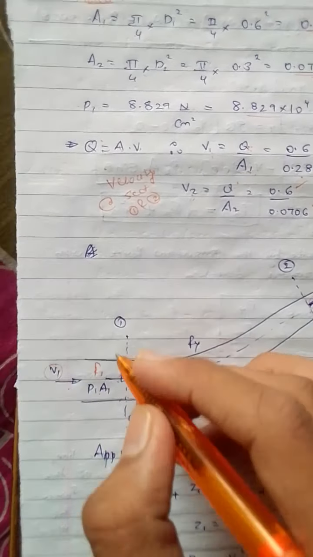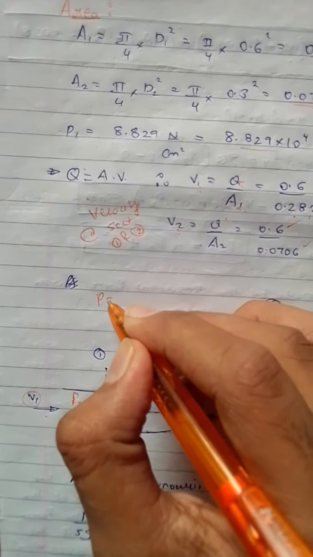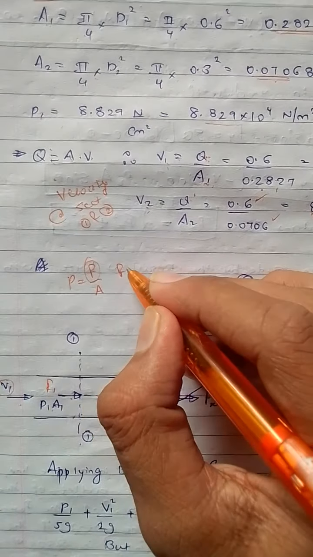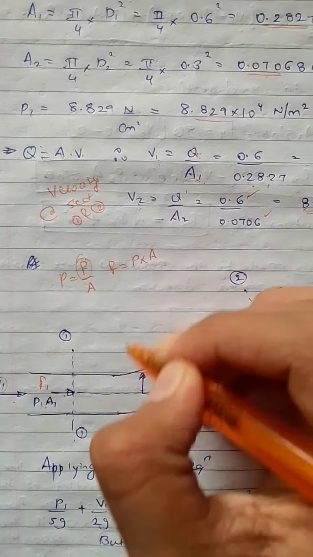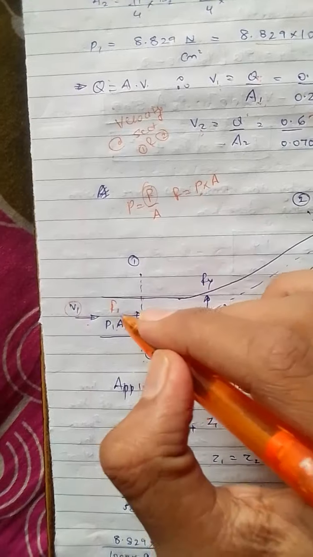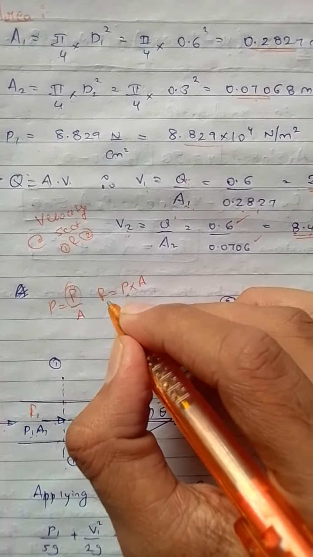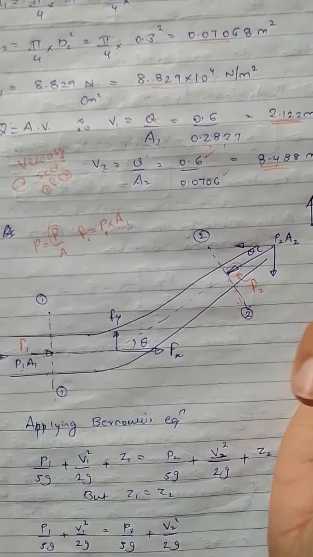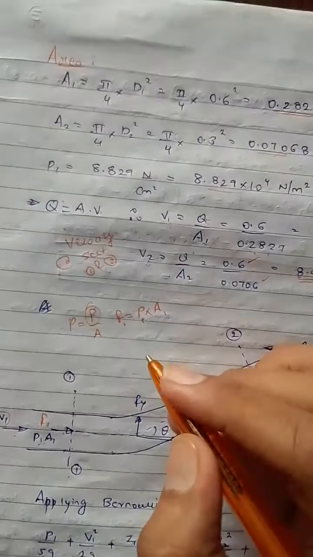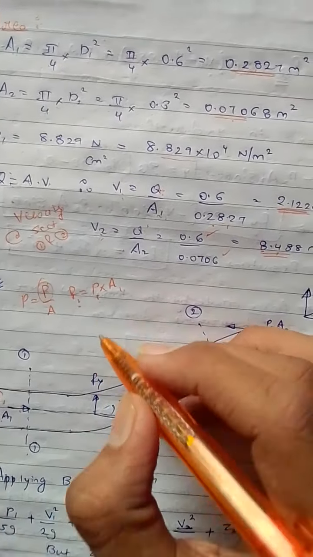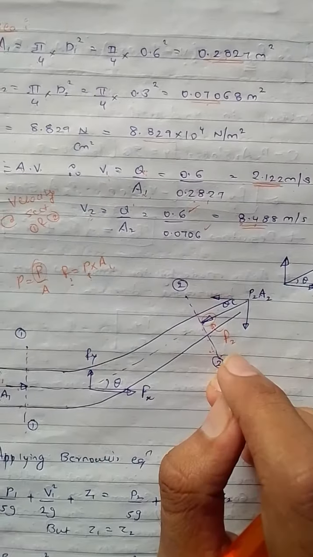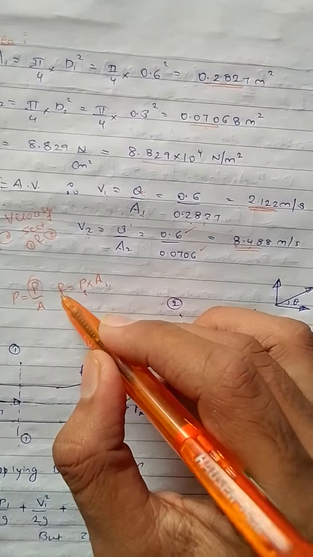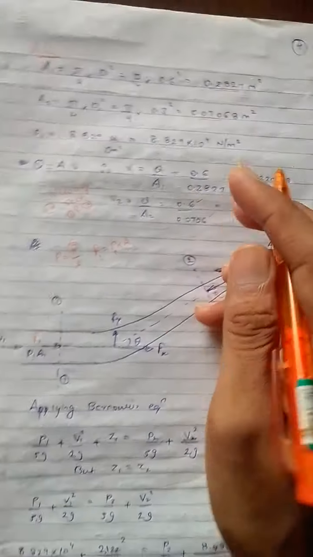To calculate the force, we know that pressure equals force upon area, so force equals pressure into area. For section 1 it will be F1 equals P1 into A1. The pressure changes from 1 to 2, and the area also changes from 1 to 2, so obviously the force will also change.